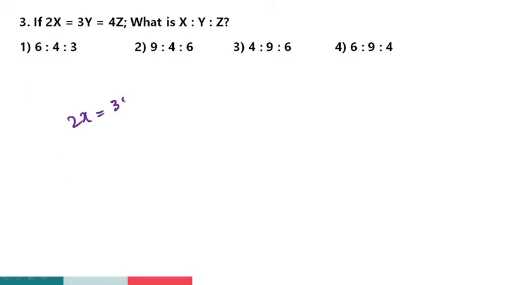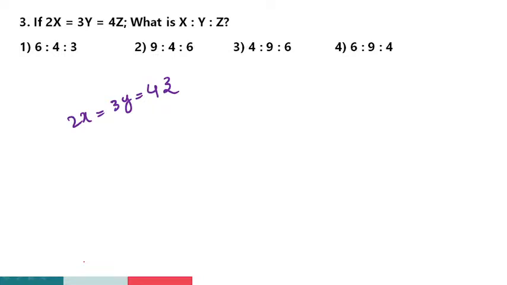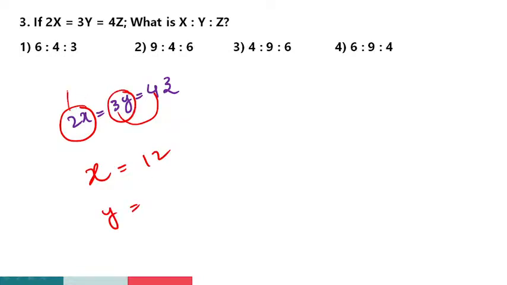2x is equal to 3y is equal to 4z. I'm noting this only for your understanding; otherwise not required, because in the exam we don't need to explain to anyone. If you want to find the x value, just close the x, and multiply the remaining numbers: 3 4s are 12. If you want to find the y value, just close the y, multiply the remaining two numbers: 2 4s are 8.